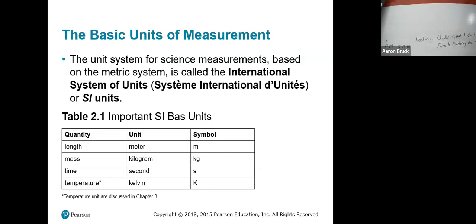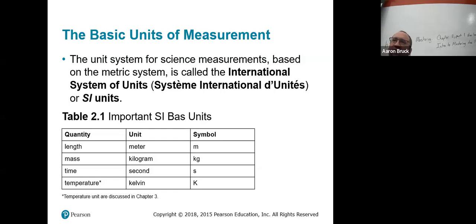Now, you might be looking at this list and going, well, those are kind of interesting units to choose. Why these particular units? And where is a unit like volume coming? Well, volume is not considered a base unit because we can derive volume from these other units. I think about the volume of a cube.